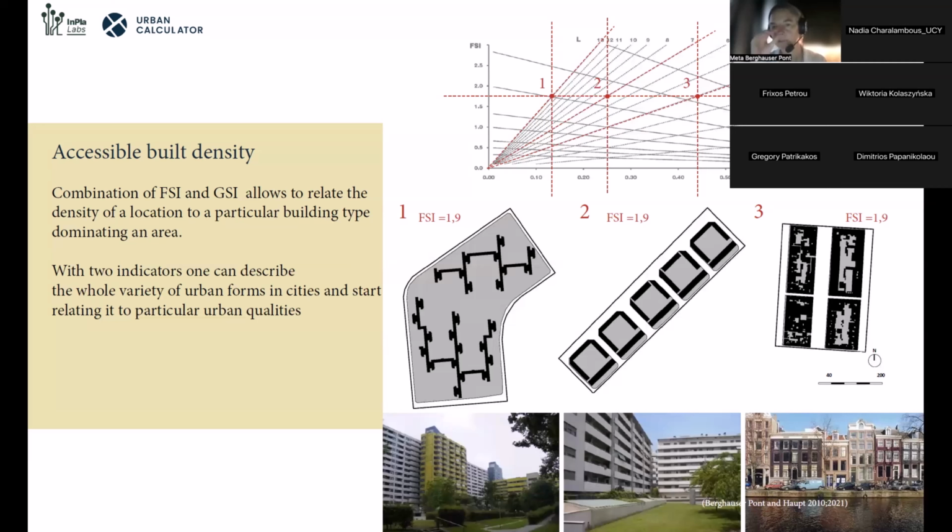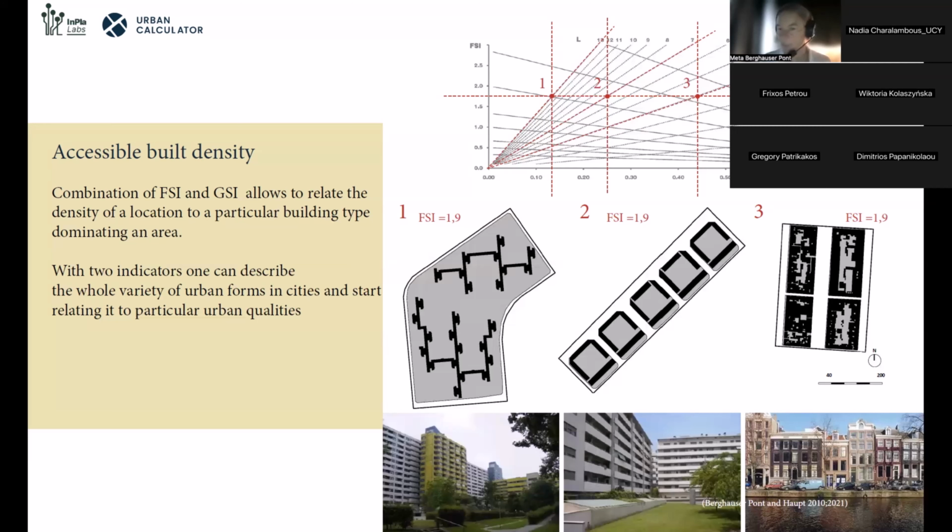You see three examples here: a high-rise area in Berlin, a block structure from Barcelona, and an older urban pattern from Amsterdam. They all have the same floor space index or floor area ratio, which is typically used in urban planning and design.